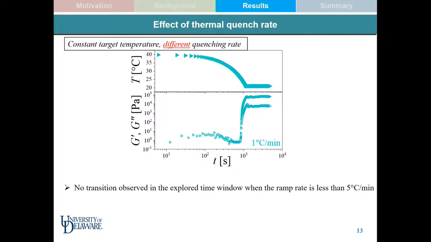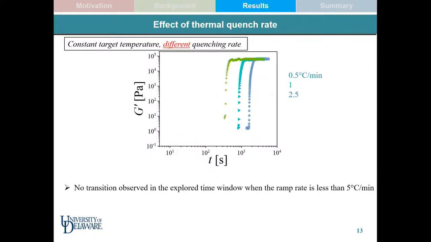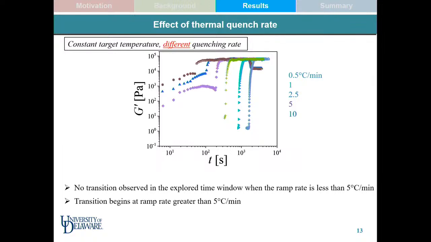When the ramp rate is very slow, below 5 degrees per minute, we see that such a transition is not observed and the system undergoes a rapid increase, which is the signature of a liquid to soft solid transition, and then an almost insignificant increase. When we make the change in temperature quite rapid, the system undergoes a drop, and it is observed above a ramp rate of 5 degrees per minute.